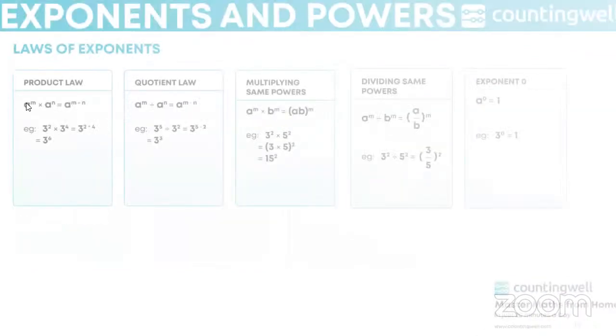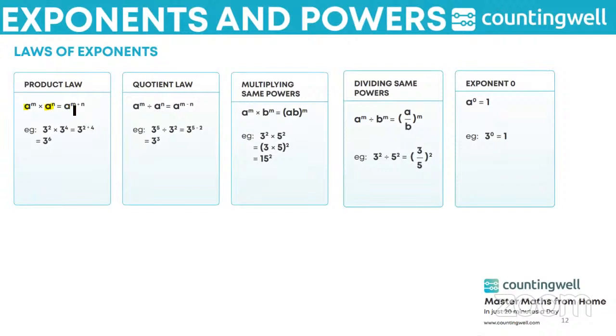So when you have same base but different exponents, and you have multiplication of both the forms, a to the power m and a to the power n, then we add or we take the sum of the exponents. So 3 square into 3 raised to the power of 4 is equal to 3 raised to the power of 2 plus 4, which is 3 raised to 6.